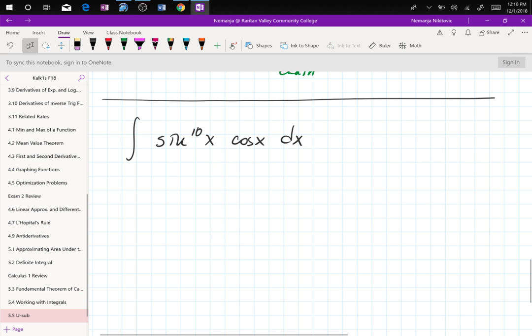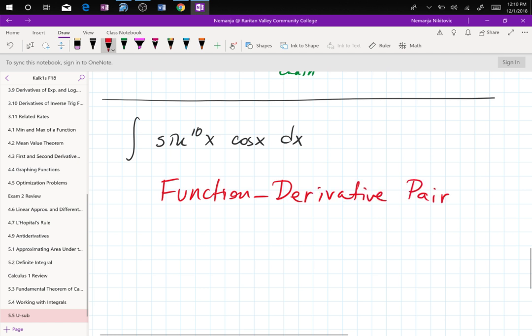Well, I haven't still told you the biggest and the mightiest tool that you can use to figure it out. I'm going to write it in blood. Function, derivative, pair. Your function will be equal to u.